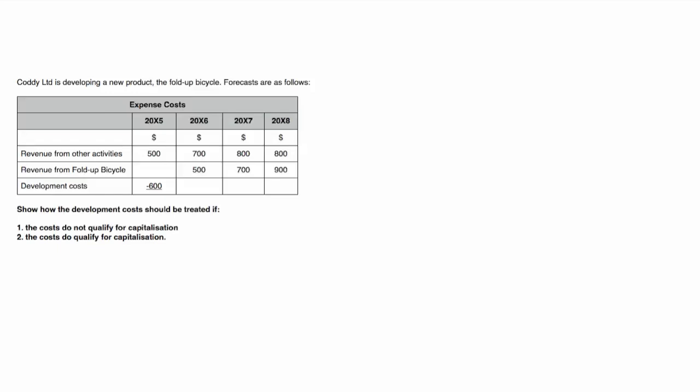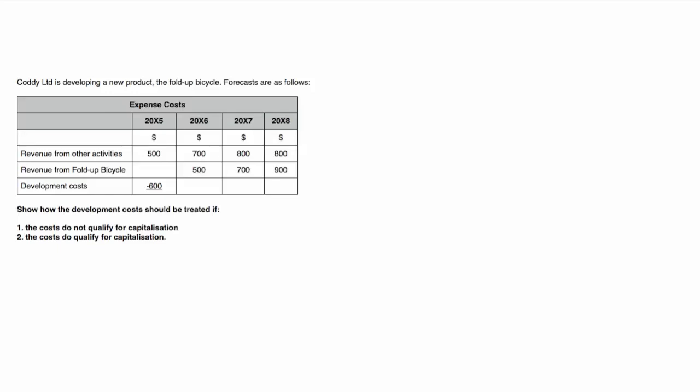In illustration 2, we have a new product, a fold-up bicycle, and we have forecasted what we have as expenses and revenues. So what we're going to do is show how the development costs should be treated if they do not qualify for capitalization, and then if they do qualify for capitalization.